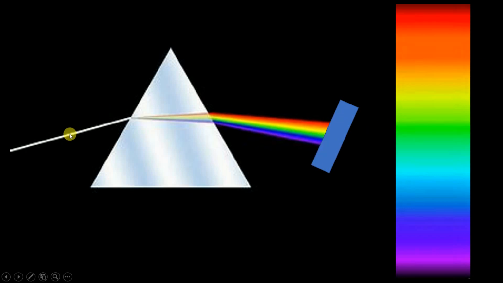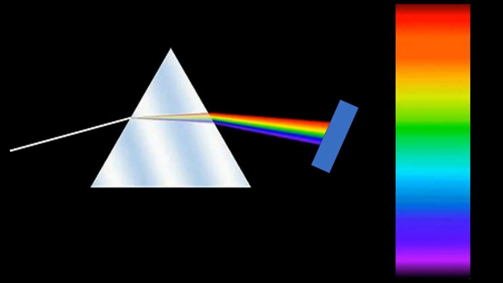So when you pass a white light through a prism, it gets refracted, and because of the difference in refraction, different color light will be observed. I have kept a screen over here, and on that screen this is what I get. This particular thing where there is a gradual change in the color is known as a spectrum, and since it is a continuous one, it is known as a continuous spectrum.